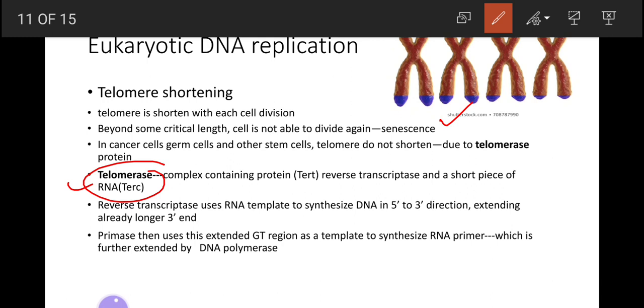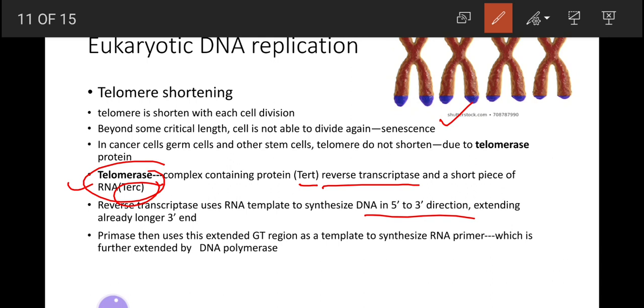Telomerase is a complex containing a protein, reverse transcriptase, which is called TERT, and a short piece of RNA, TERC. Reverse transcriptase uses the RNA template present inside its structure to synthesize DNA in the 5' to 3' direction, extending the already longer 3' end.